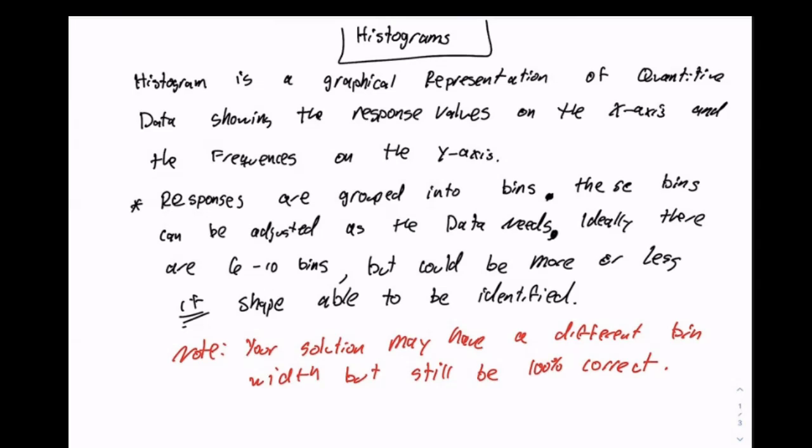So I might say all of the 1s and the 2s go into the same bin. When I see 5 as the frequency, you don't know technically how many 1s or how many 2s there were, but you know that there were 5 in total of students who responded 1 or 2.